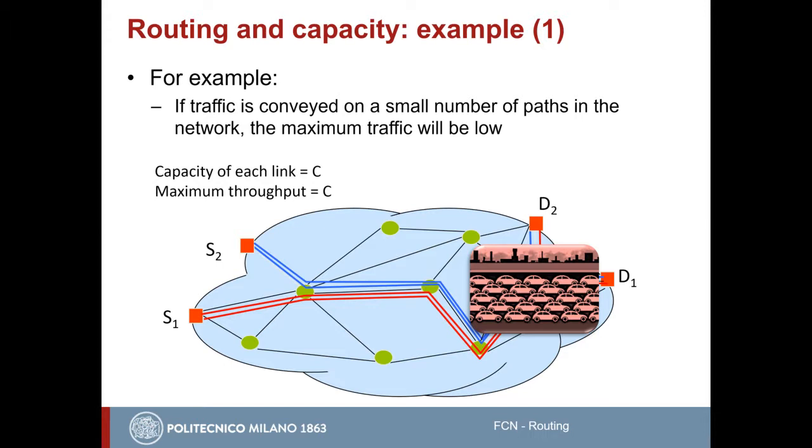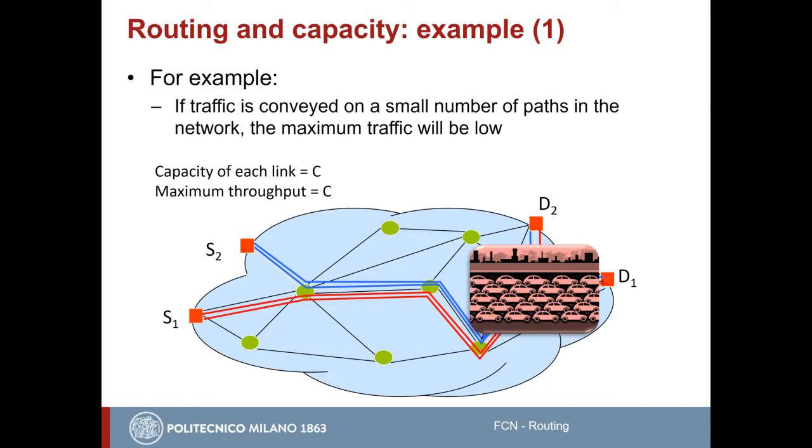This means that you don't have the possibility of increasing the capacity. You are again constrained by the capacity of the single link. If C is the capacity of a single link, then you cannot transfer more than C information per second through this network.